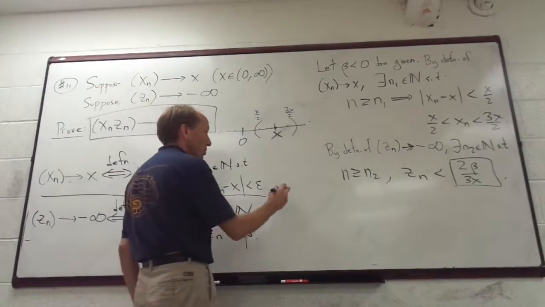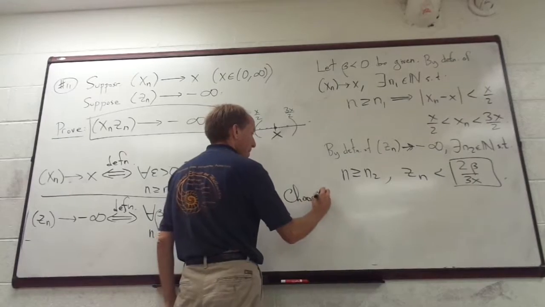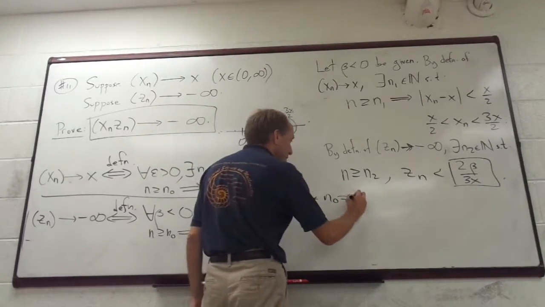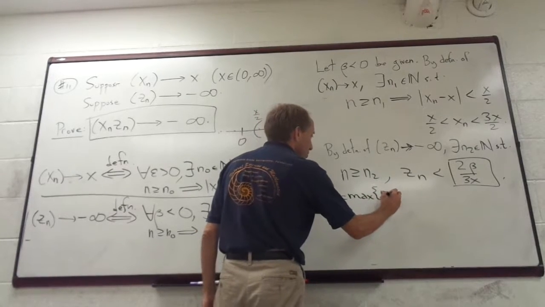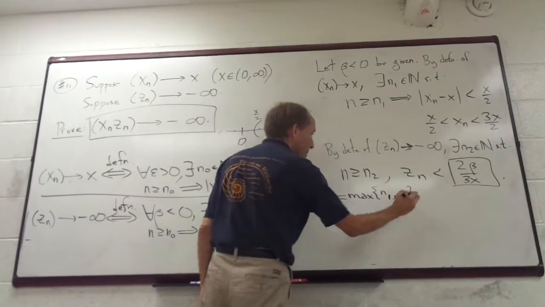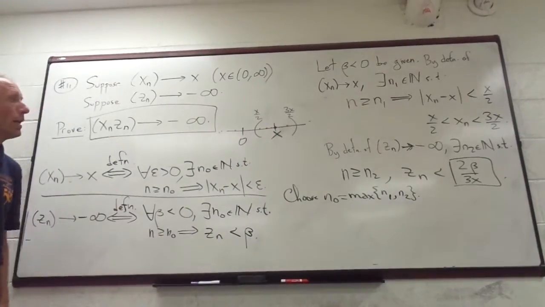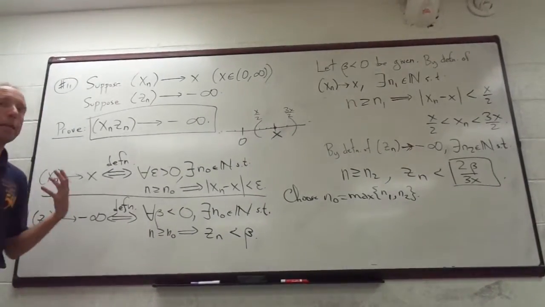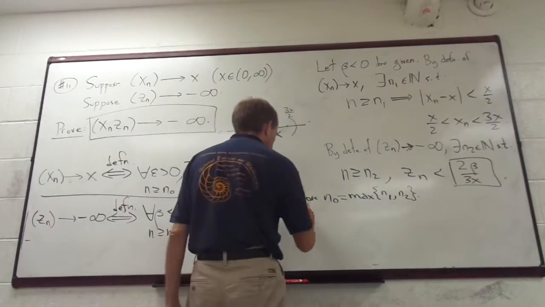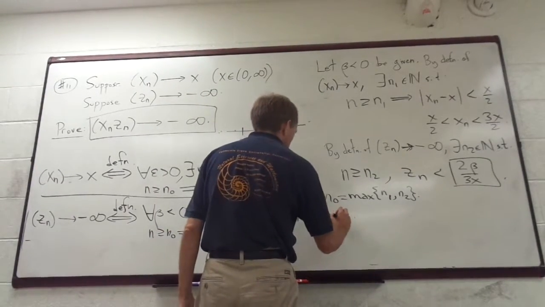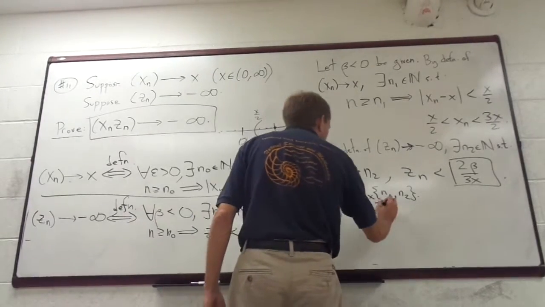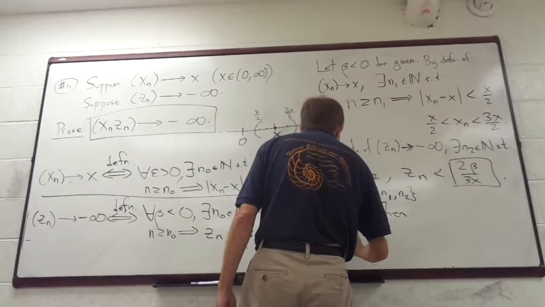So what do we do to choose our n naught? Take the max of n1 and n2. Now we assume that n is greater than or equal to n naught, and we check it. We need to look at xn times zn.